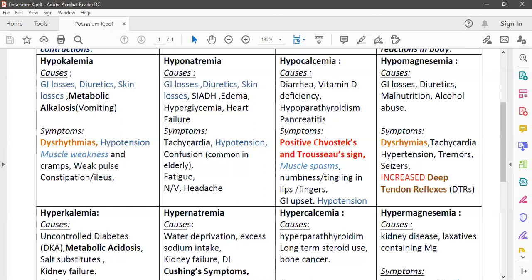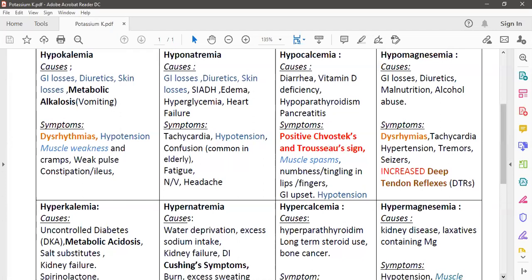So now question, what are the nursing interventions? We closely monitor respiratory and cardiovascular status, and initiate safety precautions to protect a confused client, because hypocalcemia causes confusion.